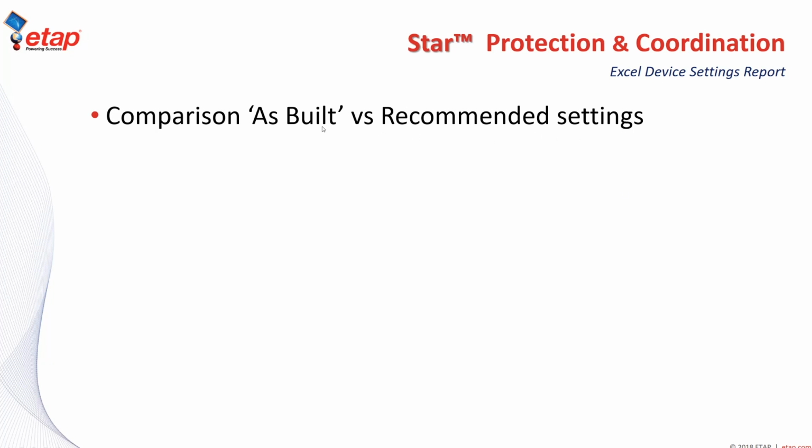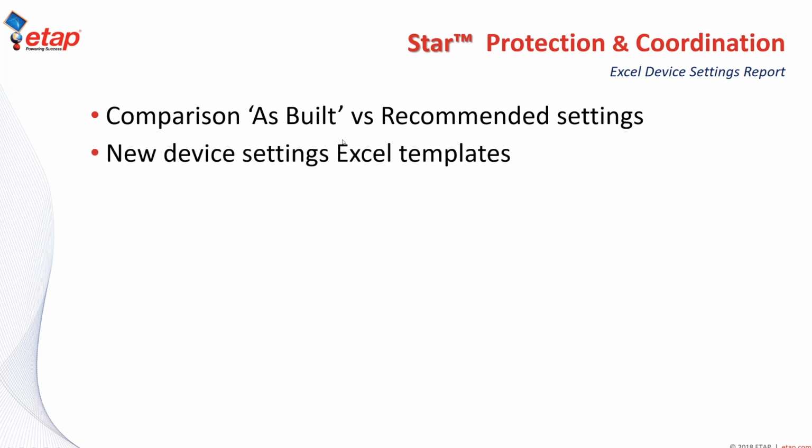If you recall, I had earlier mentioned that you can create revisions for the as-built relay settings or as-found relay settings and the recommended or the optimized relay settings. So this report gives us a comparison between the two settings. So you can easily put this into your report and highlight which relays have changed or which fuse sizes have been changed, and of course the reason why the change was made.